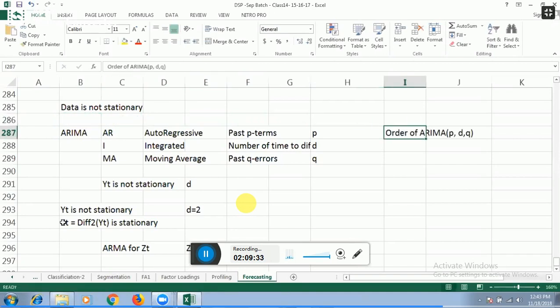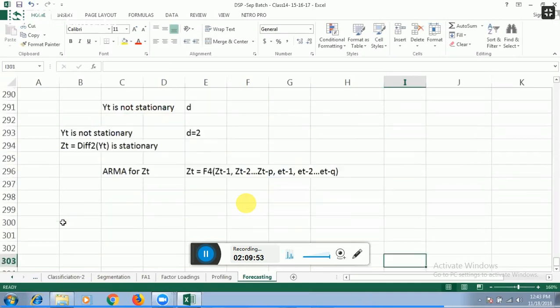The PDQ is the order, that is, the number of past terms you need to consider from the past. D is the number of times you need to difference the series. Q is the number of past errors. So this is the order of AR, I and MA.